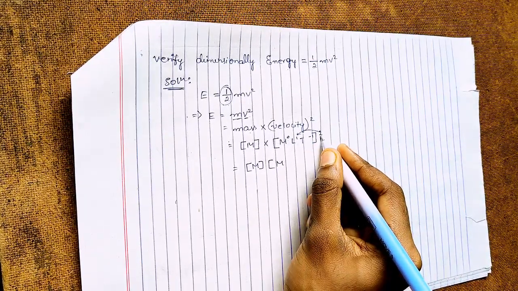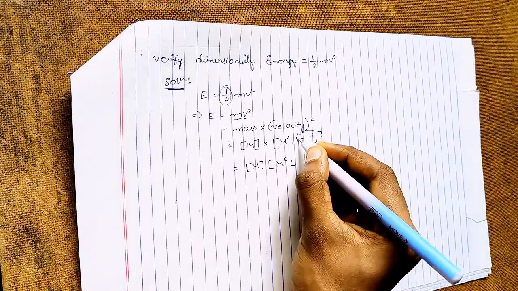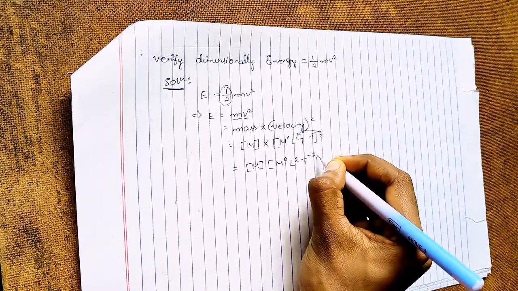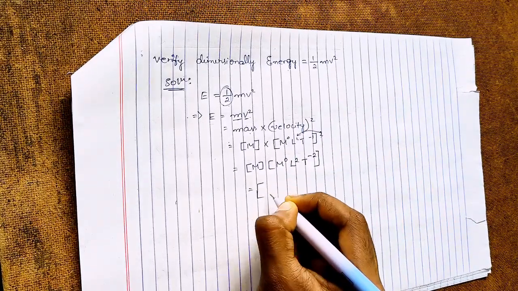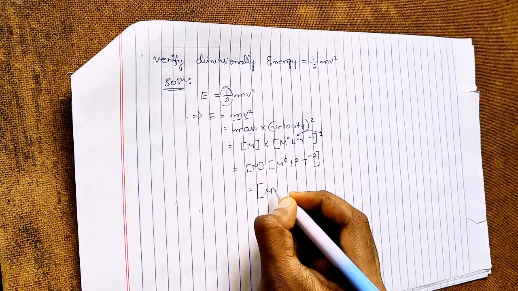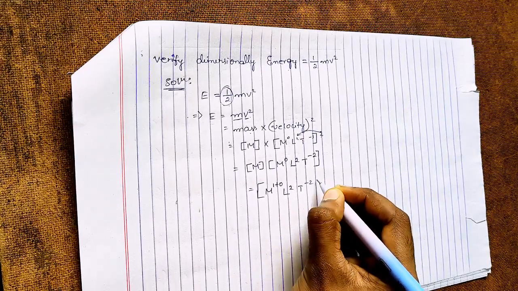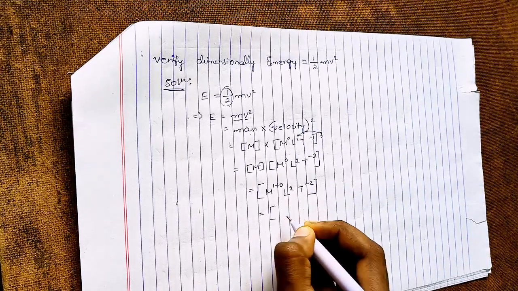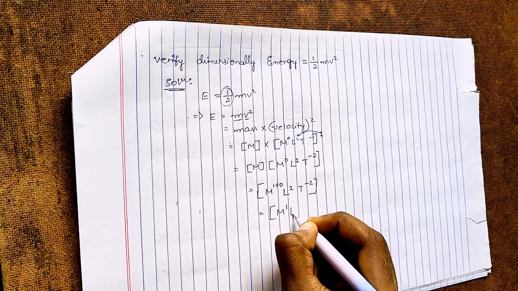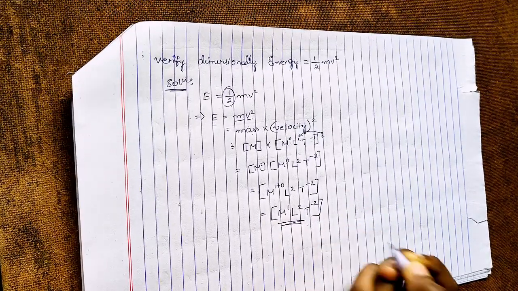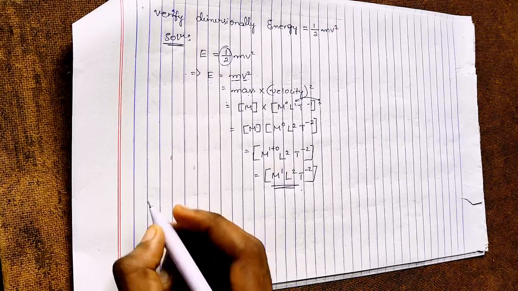Next step is multiplying the square inside, so I will get M^0 L^2 T^-2. Next step is writing it in MLT form, so M to the power 1 plus 0, L to the power 2, T to the power minus 2. We know that 1 plus 0 is 1, so M^1 L^2 T^-2.